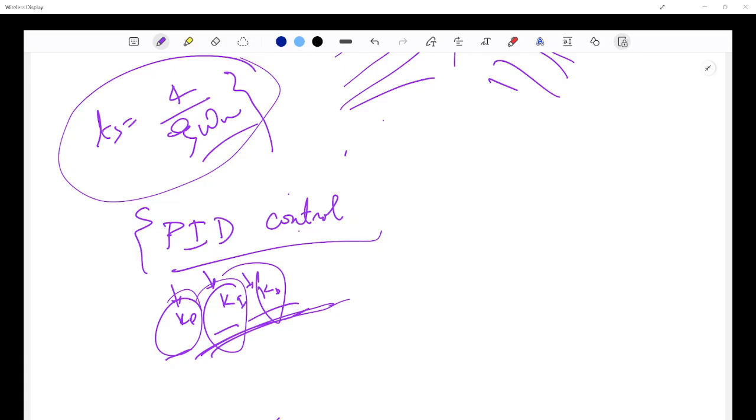All those controllers that you can use, for example, many non-linear methods of control. Then there is something called optimal control, there is something called adaptive control. There are a number of controllers available, but it depends.